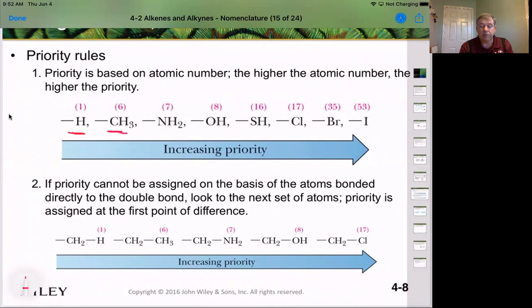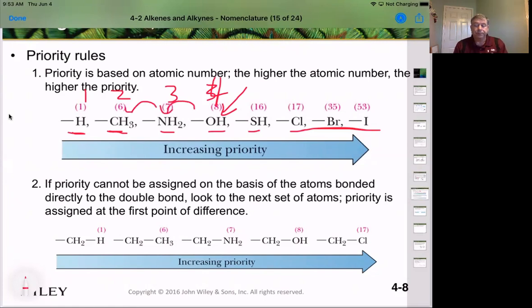And then as we move up from carbon to nitrogen to oxygen, sulfur, and to the halides here, those get higher and higher atomic numbers, and therefore they have higher and higher priorities. Meaning if you had this group, this group, this group, and this group all on the same compound here, this would always have the highest priority. Then the next priority would be this, and the next priority, etc.